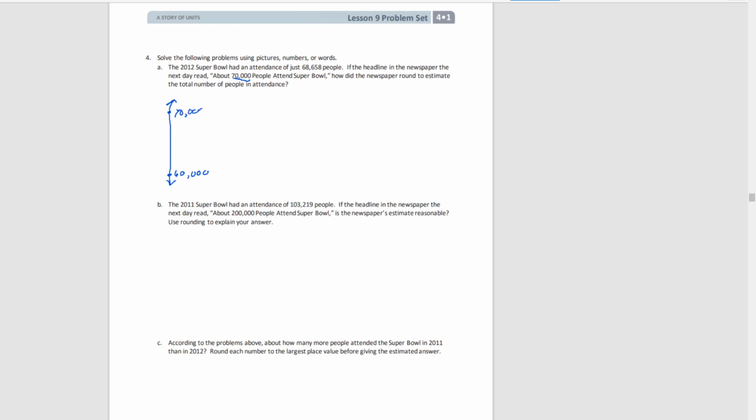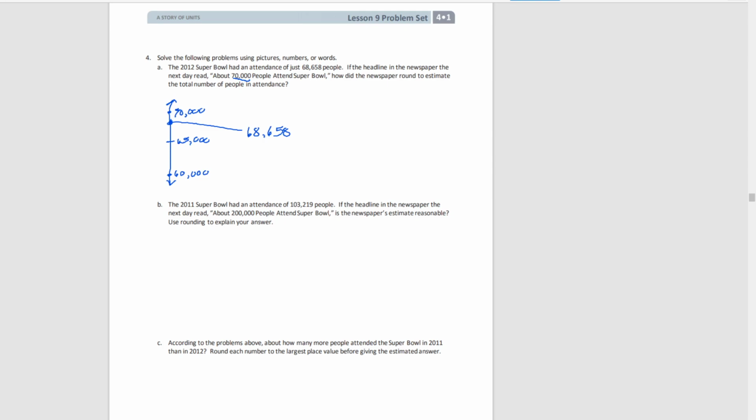So given the number 68,658, if I stayed with the 60,000, the next highest one would be 70,000. My midpoint would be 65,000, and I see this number would come in here. So I can see that they rounded to the next highest 10,000, and that would be an accurate estimate.